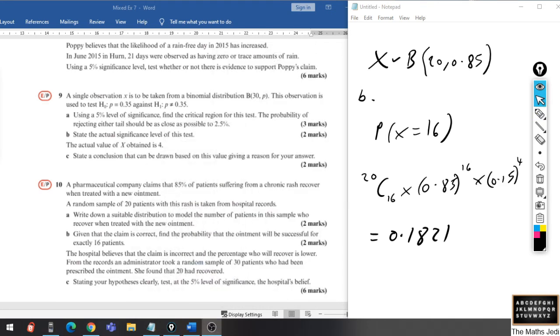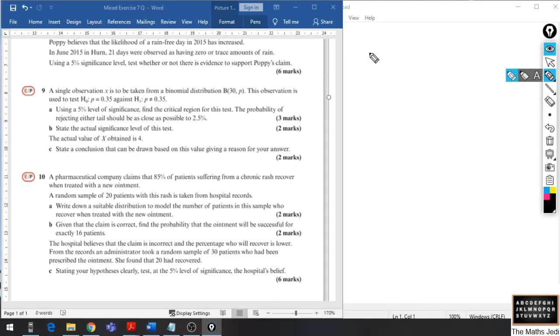The last part says the hospital believes the claim is incorrect, and the percentage who recover is lower, keyword lower there. So what distribution are we looking at here now? Because the sample size is 30, it's going to be a different binomial distribution. Sample size 30, and we're being asked to use 0.85 as the success rate.